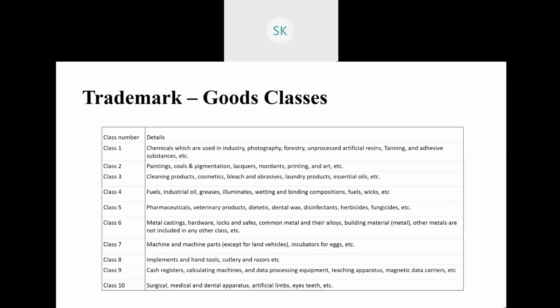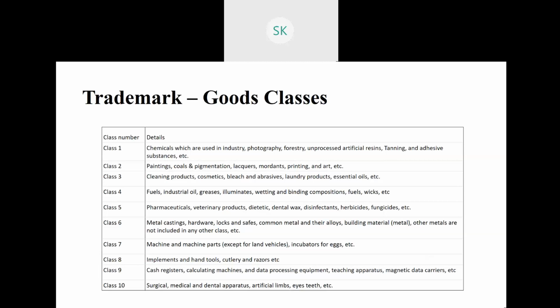So this comes under class 3. Then class 4 is fuel, industrial oil, greases, illuminants, wetting and binding compositions, fuels, wicks. The major category of class 4 components are from crude oil, or conventional sources of energy, or pit coal, the coal.